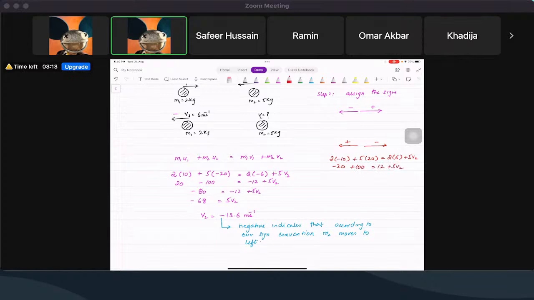So this will be 80 minus 12 equals 5 v2, and this is going to be 68 equals 5 v2. So v2 this time will come as just 13.6 and in the positive value. Because we took positive on the left, so it's still going to the left. It does not really matter what you take, but if you have taken right as negative, then all the vectors on the left must be positive. Do you understand now?